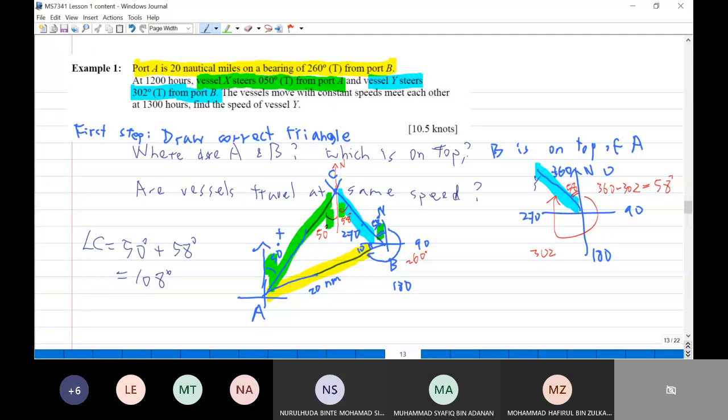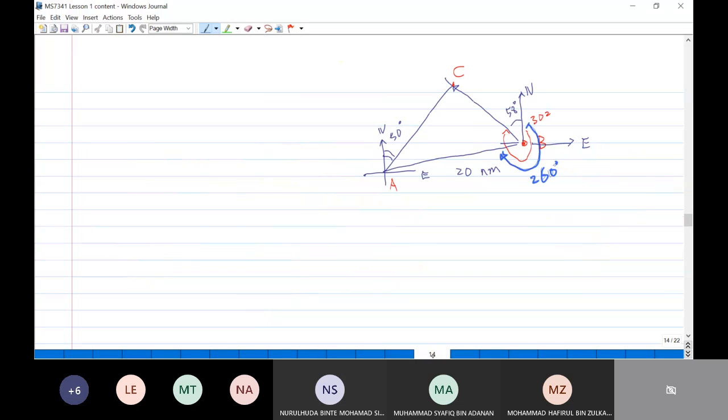Okay, angle B, let's try another triangle. So let's try to find angle B now. Angle C we found out is 108 now. Okay, angle B, first of all, we know that this is equal to 10 because this is 10 also. How about this part?